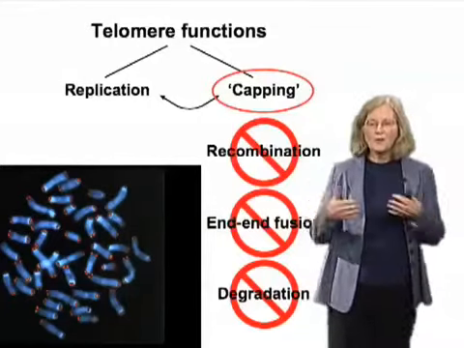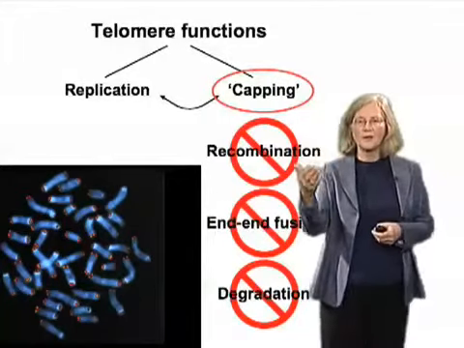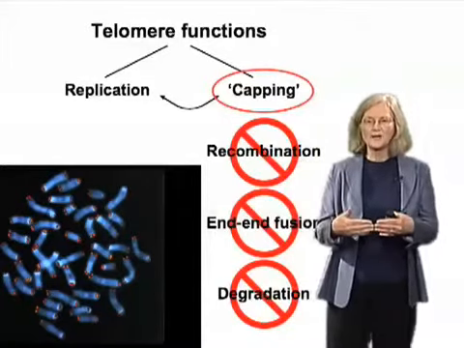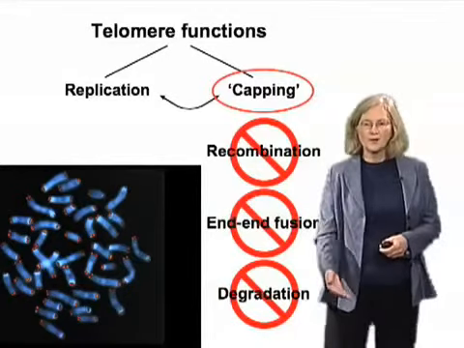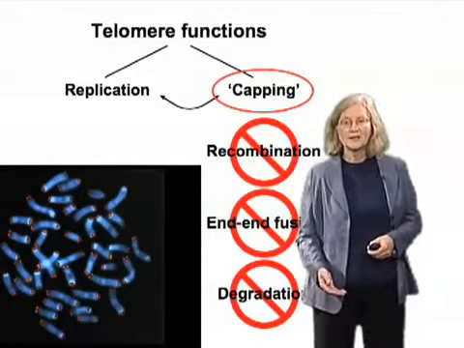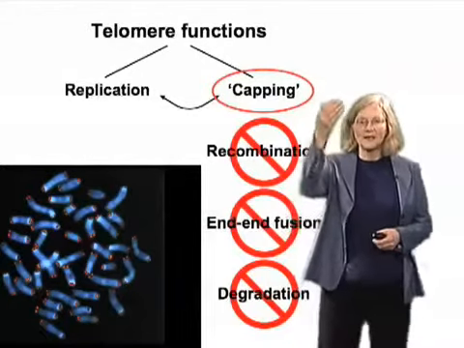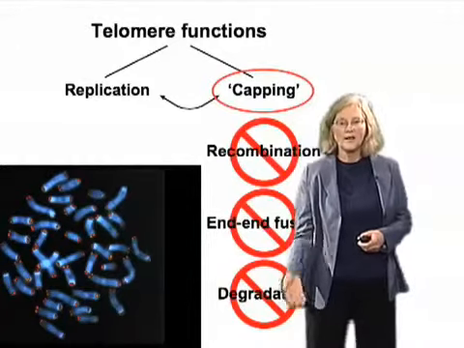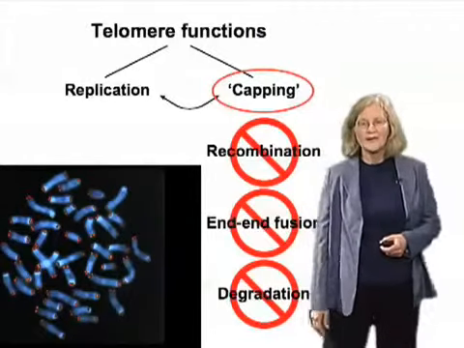So if you have a break in the DNA, it can be sutured together by, for example, recombination, or just simply the 2 broken ends can be ligated right back together by end-to-end fusions. Also, such DNA breaks are subject to degradation. Now, the telomere protects, it caps the end of the chromosome and protects against all of these kinds of things that would normally happen to a broken DNA end.